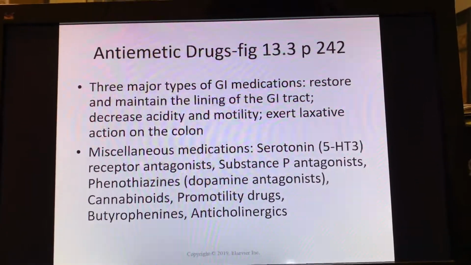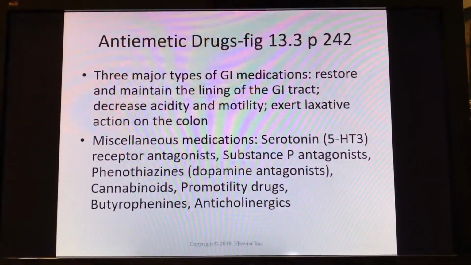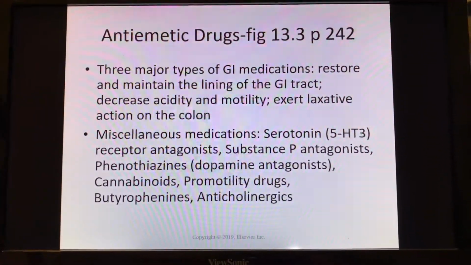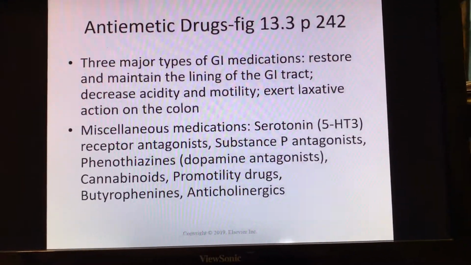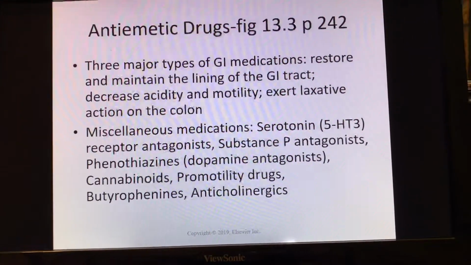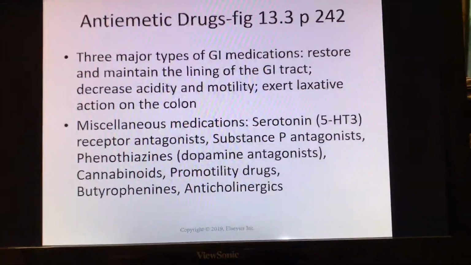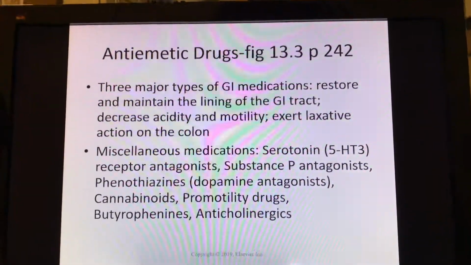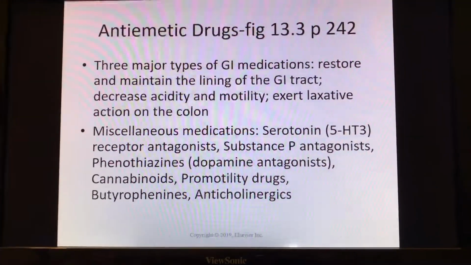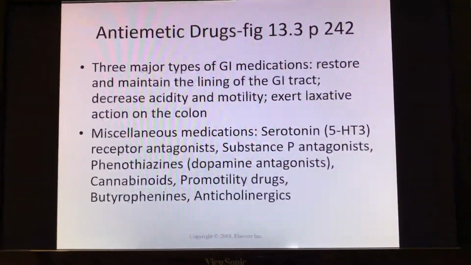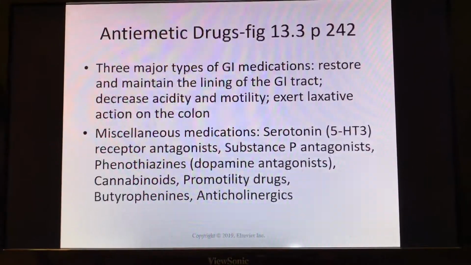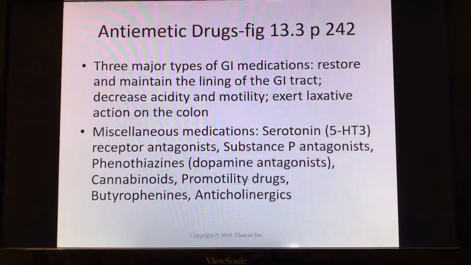You might remember the term phenothiazines when we talked about antipsychotics, because remember, antipsychotic drugs are dopamine antagonists. So phenothiazines can fit into that category too, but they make very good drugs for nausea and vomiting. Cannabinoids, everybody's ears perk up when they hear that, but it's not very exciting.